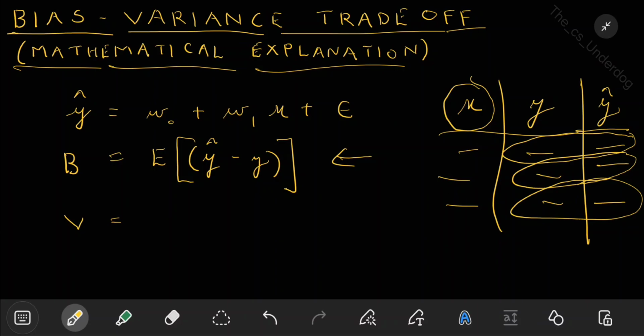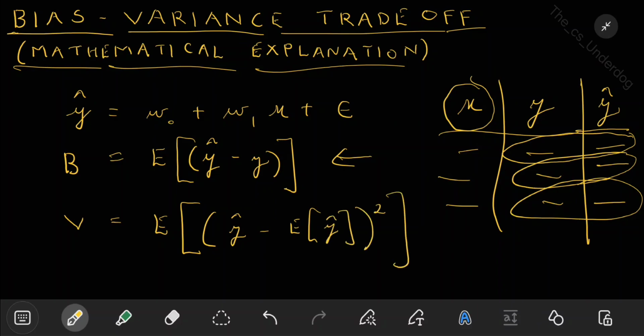Calculation of variance we had seen in previous lectures as well. Variance is calculated as expectation of y cap minus expectation of y cap, the whole square. This is how you calculate variance. If you see the variance lecture, we had explained this as well. So variance is calculated as expectation of y cap minus expectation of y cap, the whole square.